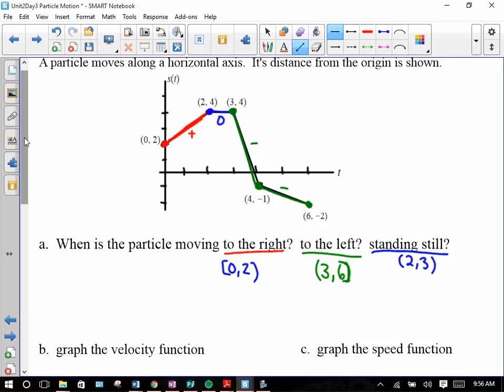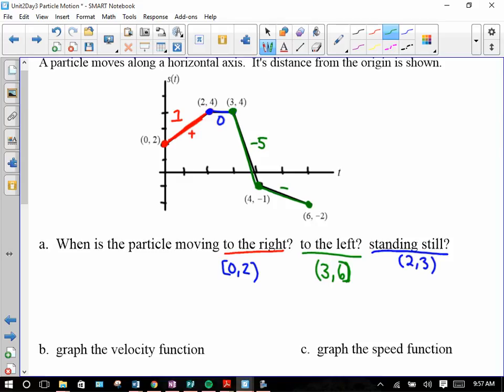Yes. Right here is a positive slope: we go up 2 over 2, so the slope is positive 1. Then we have 0. Then we go down 5 over 1, which is negative 5.